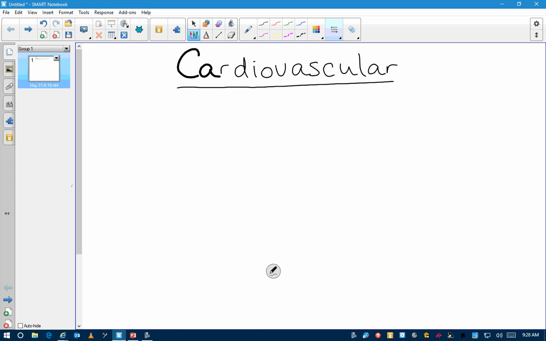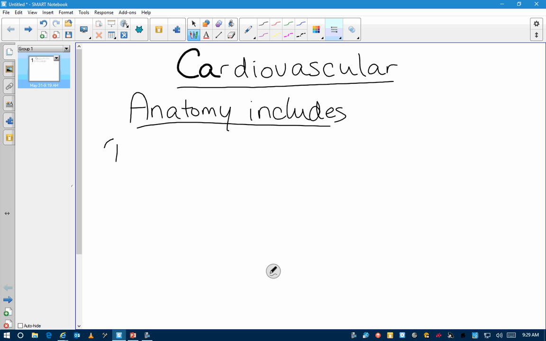Okay. So the name gives it away, and what's included in our cardiovascular system? Anatomy includes the vasculars. Heart. Good. Blood vessels.